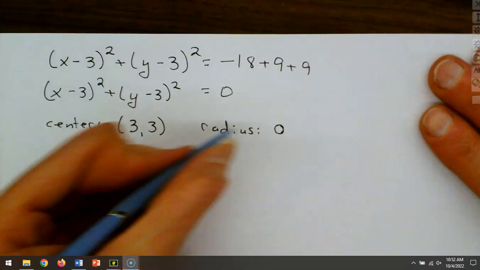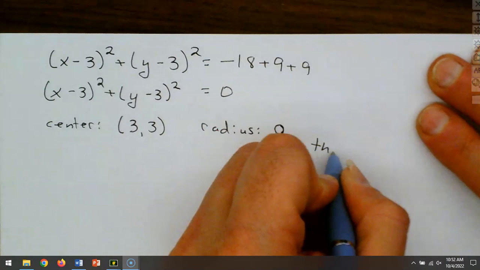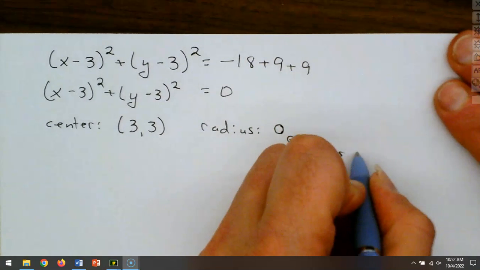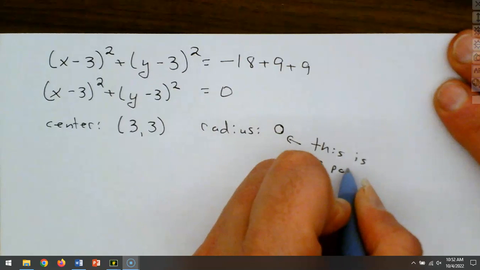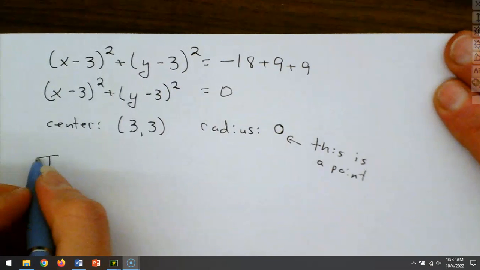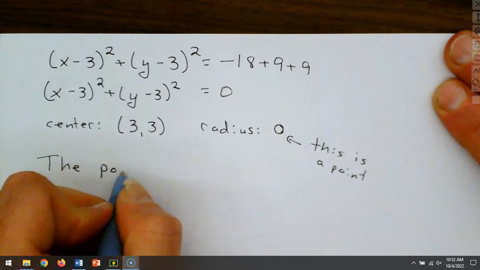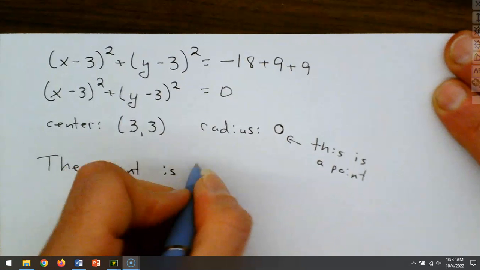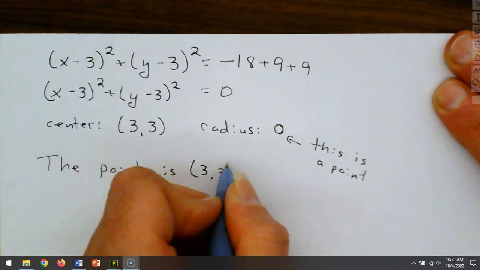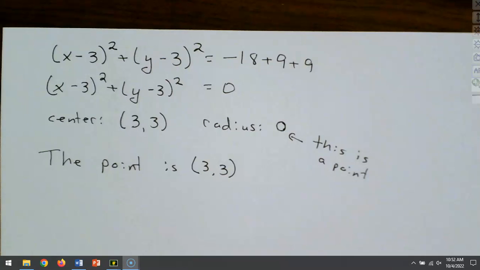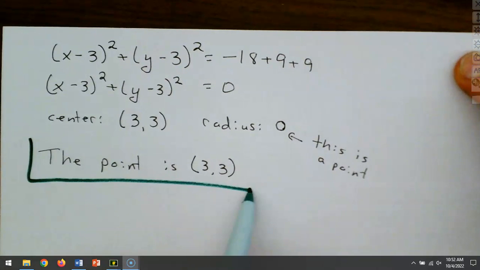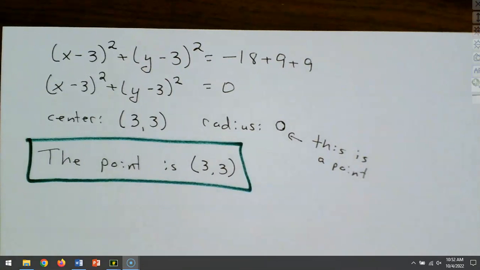Because radius is 0. Okay, so this is a point. And what would the point be? The point is 3, 3. So it's not a circle anymore. It's the point 3, 3. Why is it a point? Because your radius is 0.